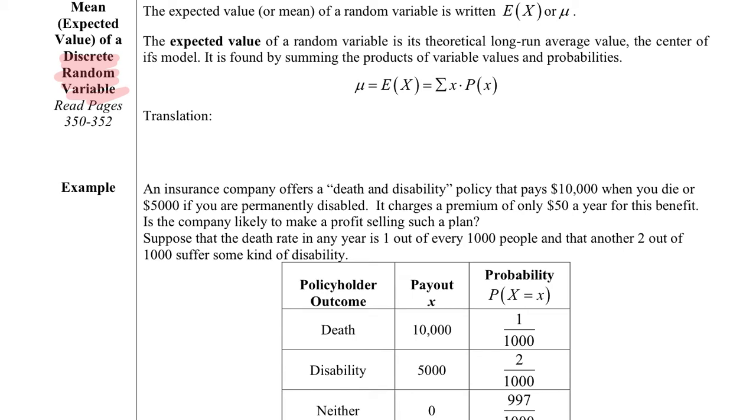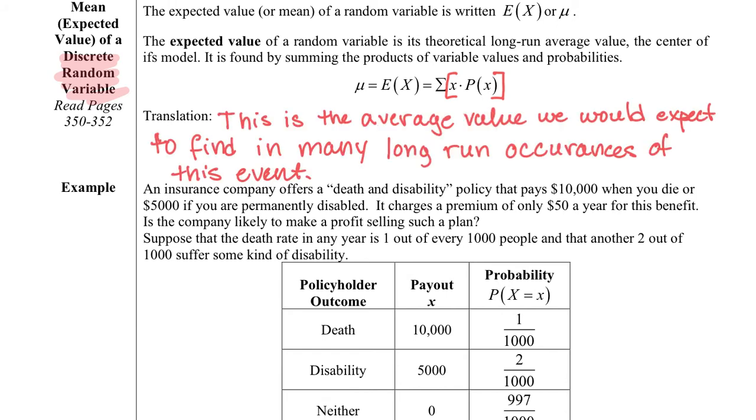I'm not sure if your textbook also does this, but I would add some brackets around this because you do need to multiply before you find this sum. So the translation of expected value, it's just really the average or the mean we would expect to find if we just did this event over and over and over again, and then we averaged the results. It's the value we should end up with.